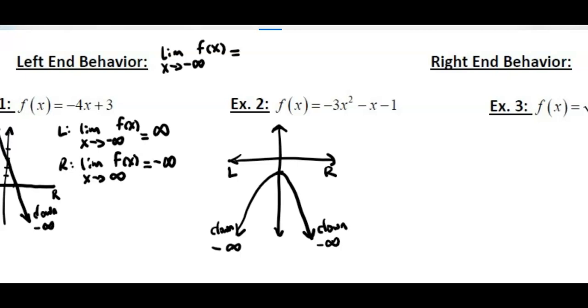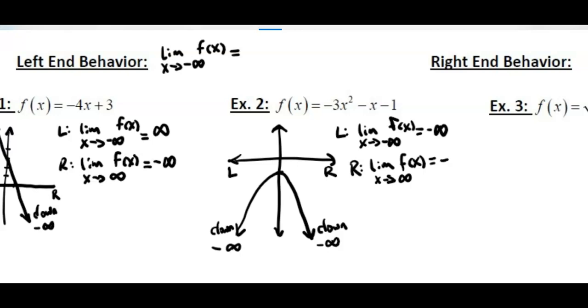And so our left limit here, we would say the limit as x approaches negative infinity of f of x equals negative infinity because it's going down. And then our right, the limit of f of x as x approaches positive infinity is equal to also negative infinity because it's going down on both sides.